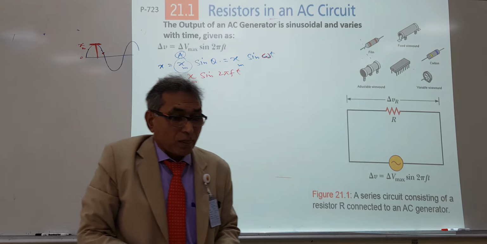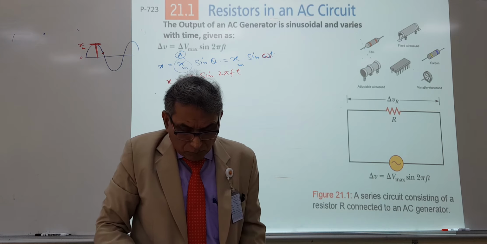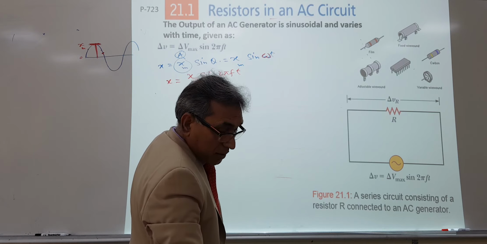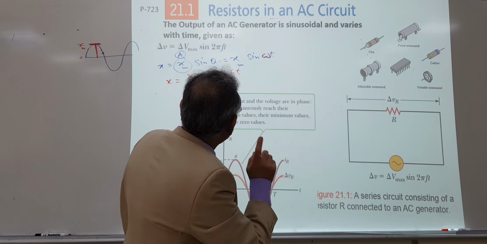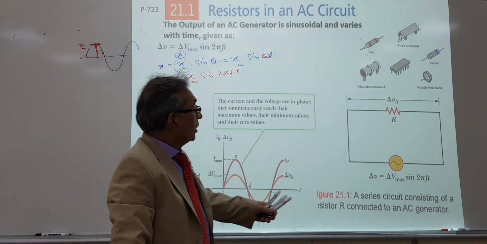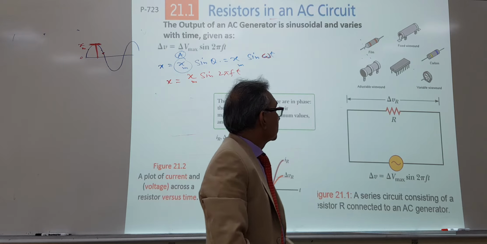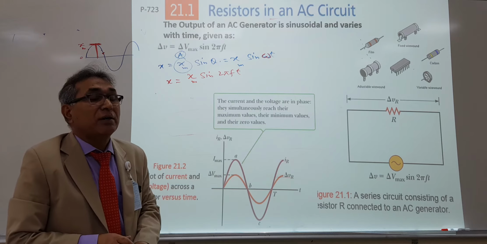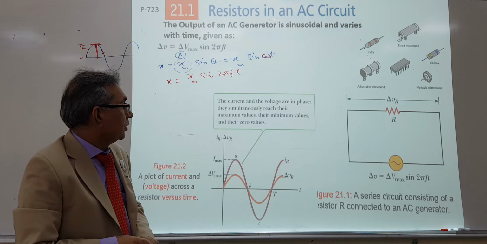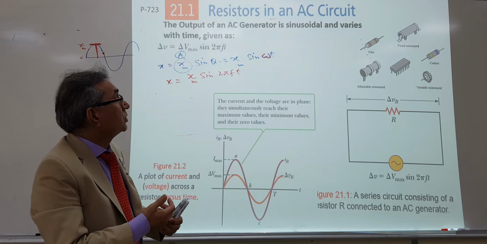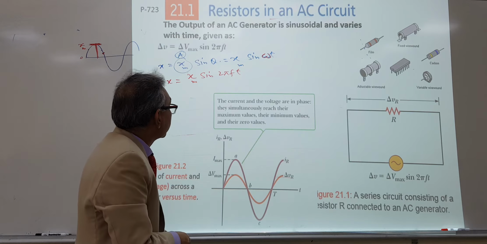Now, you see, whenever we are changing the frequency of the AC source, it does not affect the resistance of this ordinary resistor. Its resistance remains constant, its behavior is linear.